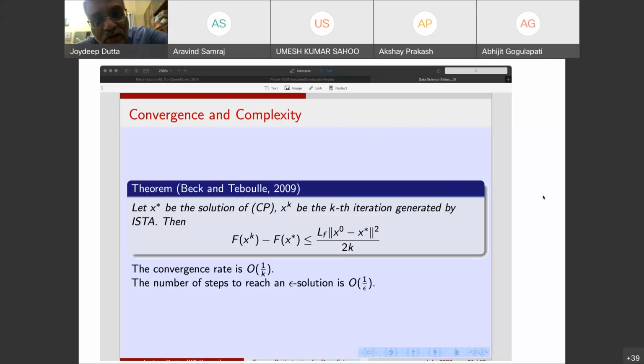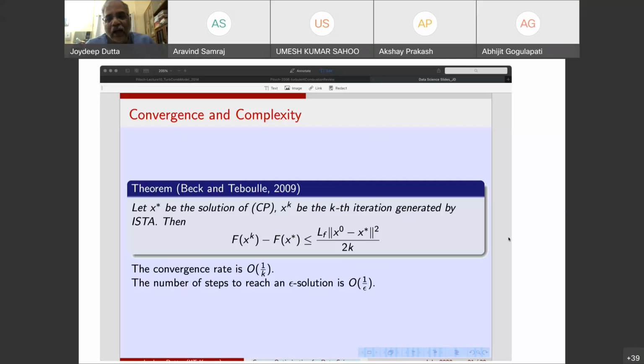So the difference between f(xk) and f(x star) is very small, and I can choose xk as a quite acceptable solution. The convergence rate is O of 1 by k, because this structure is nothing but capital O of 1 by k, since it's some constant times 1 by k.